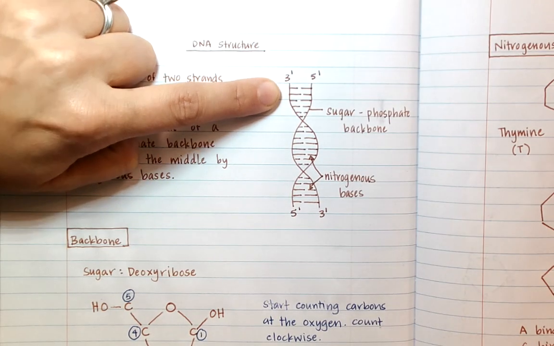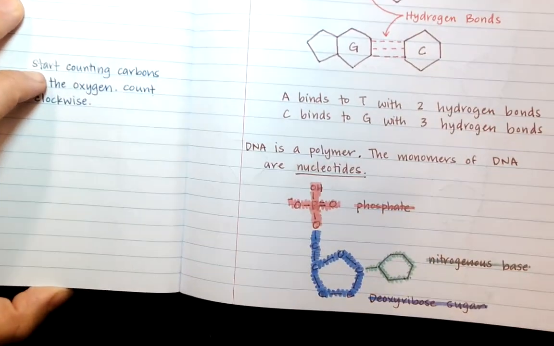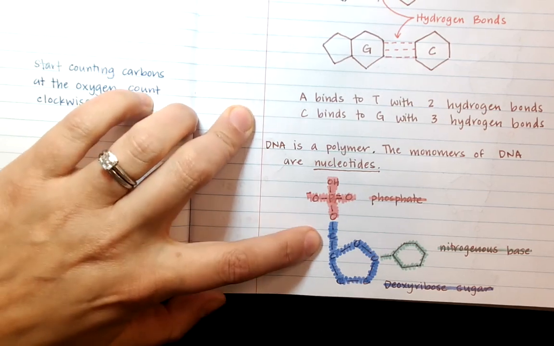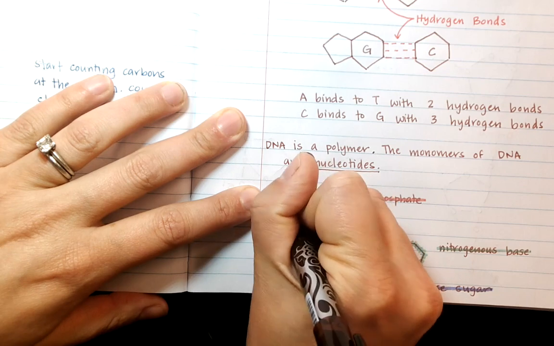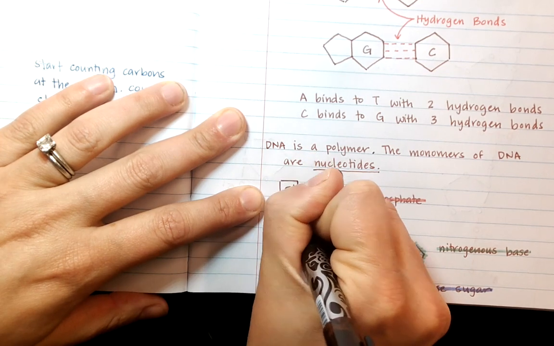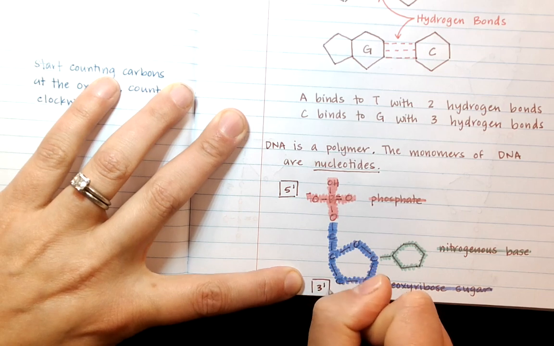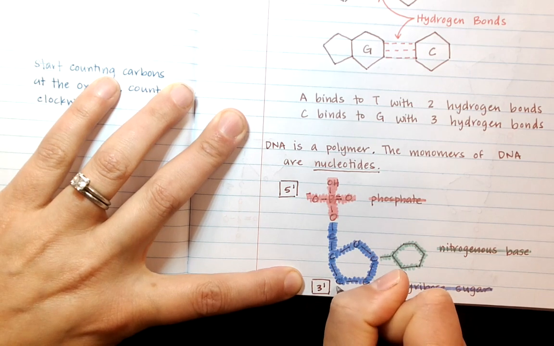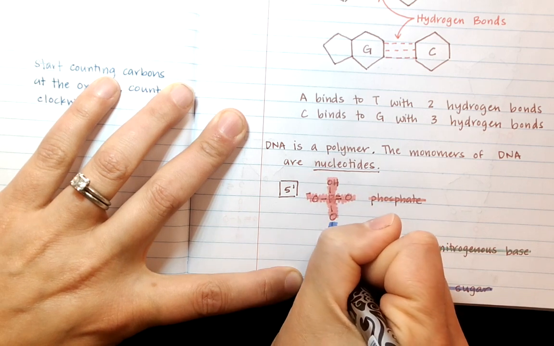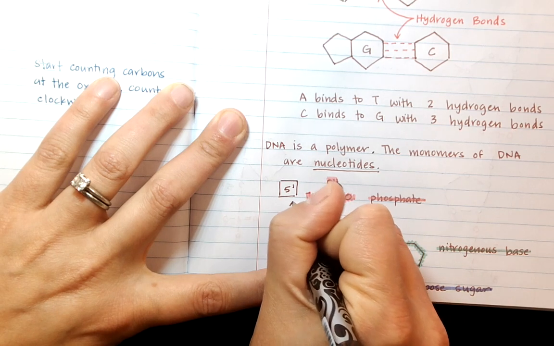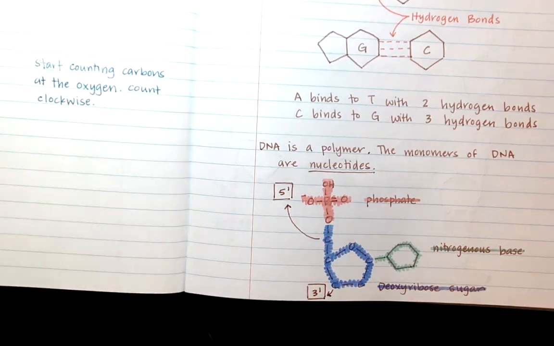And that's how all of this is going to work. So I'm going to label one more. This one here. This end up here has to be the 5' end of this nucleotide and the 3' end of the nucleotide, because this is the 3 carbon and this one here is the 5 carbon. And that is DNA structure.